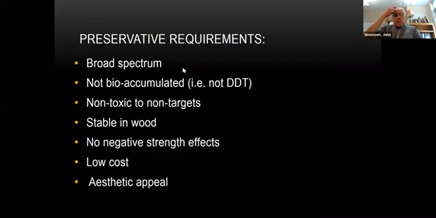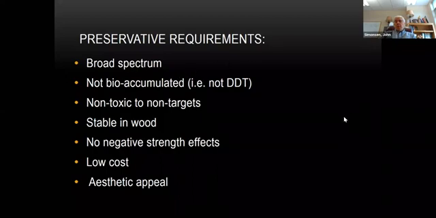There are thousands of different kinds of organisms, fungi primarily, that will decay wood. So you need some kind of a broad spectrum chemical in order to prevent decay. Now, copper, like I said, is the most favorable chemical that's used today, and it is broad spectrum.